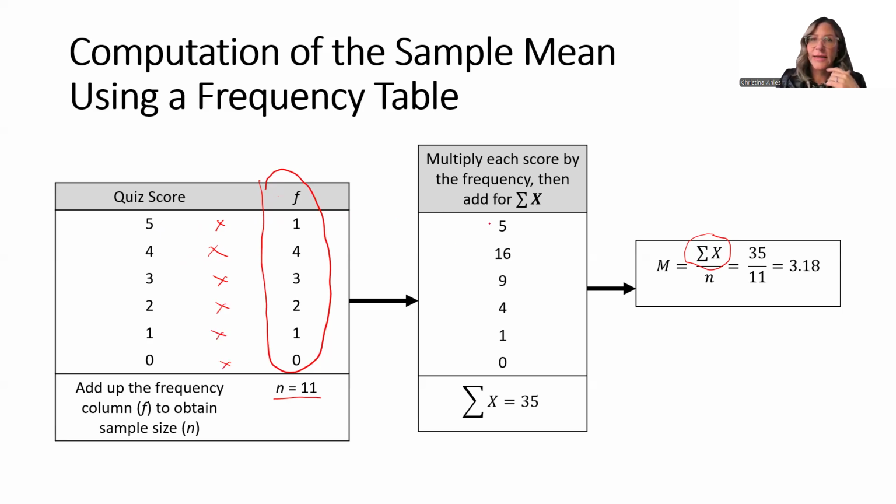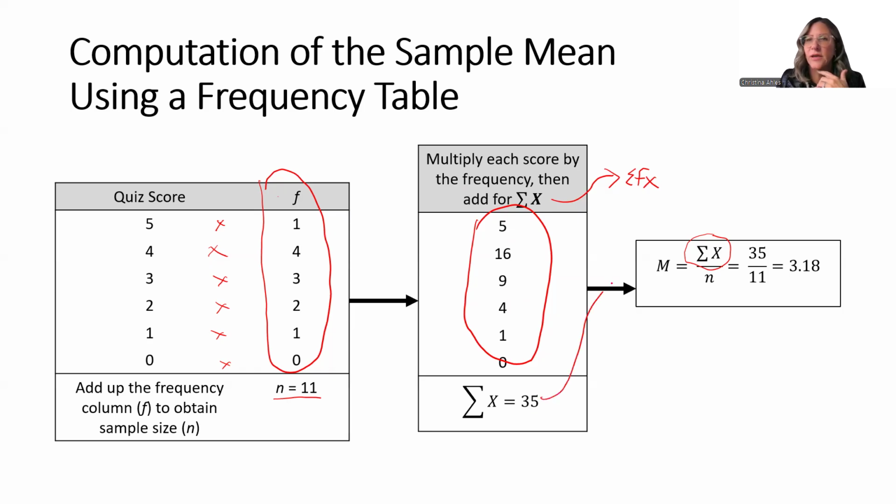If you'll notice right here, I have a little box, I'm sorry, that was very sloppy, that shows the sum of F times X, because really this is the sum of F times X. Then you would add those. So 5 plus 16 plus 9 plus 4 plus 1 plus 0 is 35.